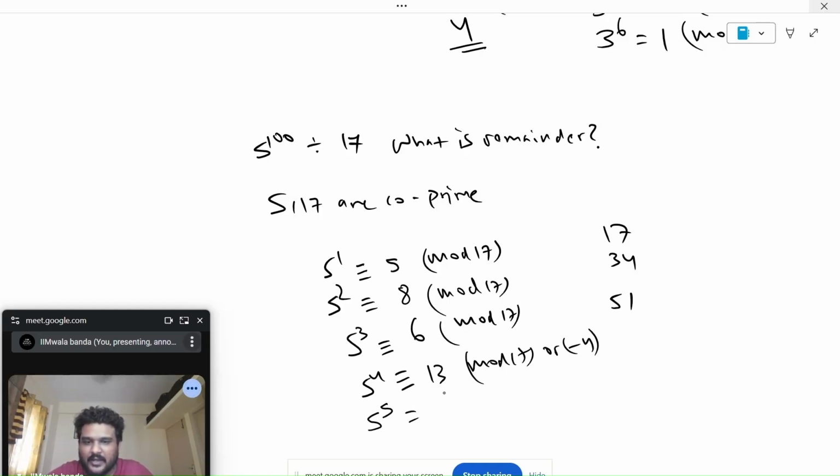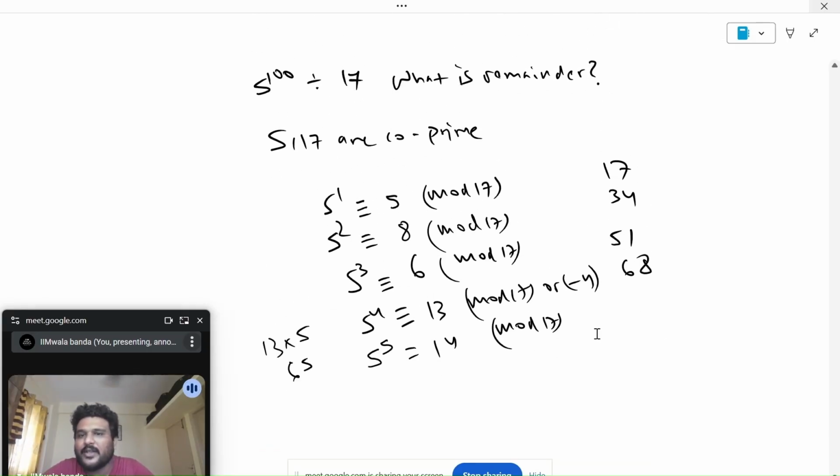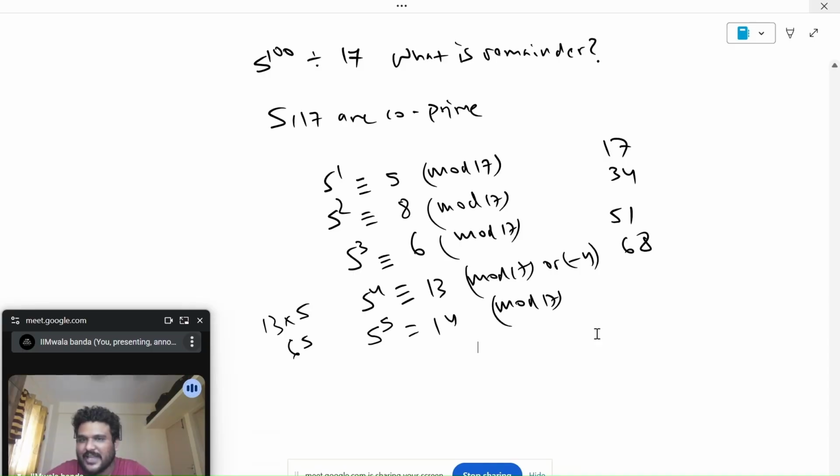Let's try 13 into 5, 65, and 65 will give me 14. Correct? I can keep doing this. This is using cyclicity.